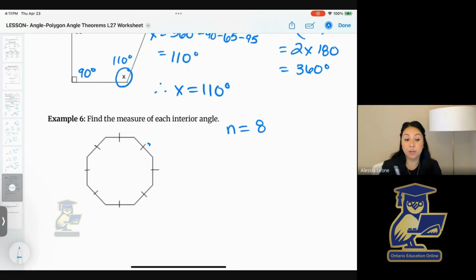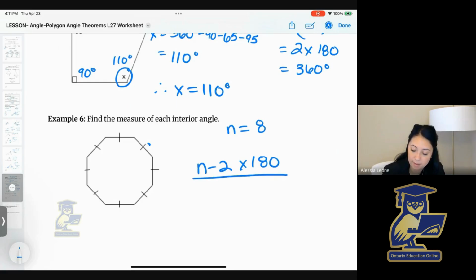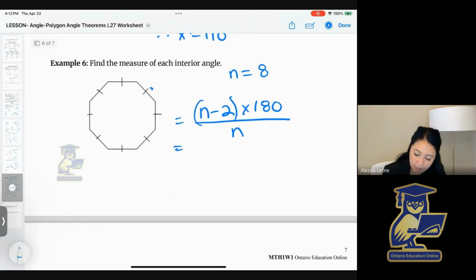So when we go back to our theorems, we can use that formula to find each interior angle. So that is n minus 2 times 180, but divided by n. Okay, so n is 8, divided by 8.